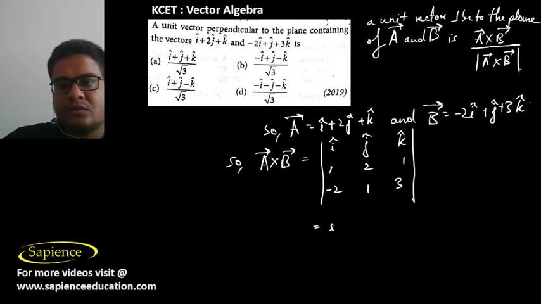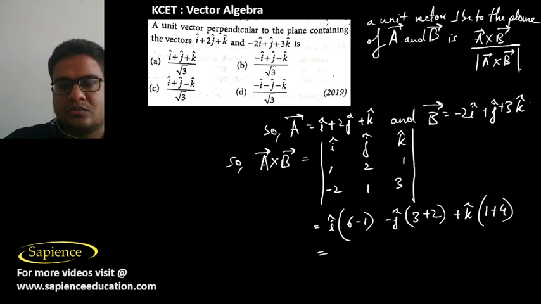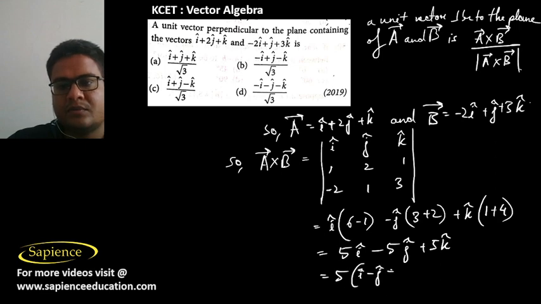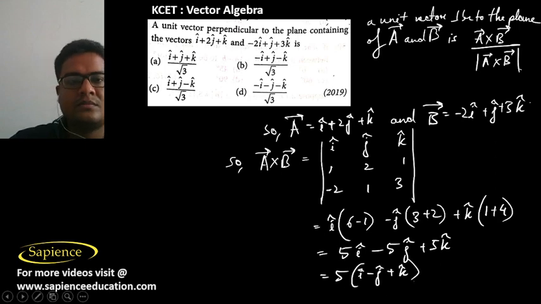This will be equal to I cap into 6 minus 1, minus j cap into 3 plus 2, plus k cap into 1 plus 4, which is equal to 5 I cap minus 5 j cap plus 5 k cap. So this is 5 into I cap minus j cap plus k cap.